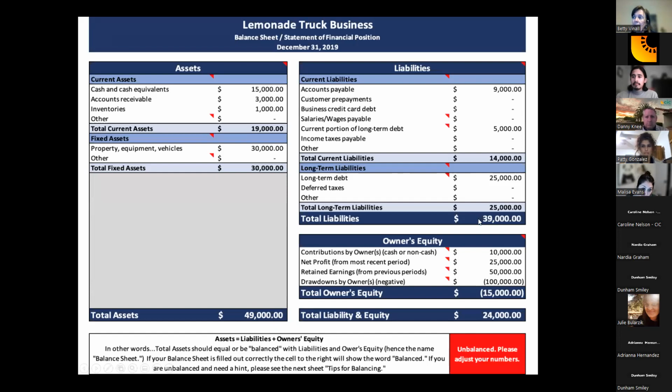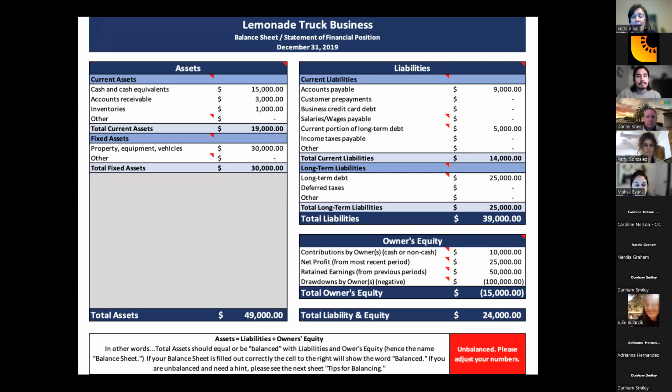If we add the liabilities of $39,000 and the negative owner's equity of $15,000, it says our total liabilities and equity are $24,000. So we are not in balance.